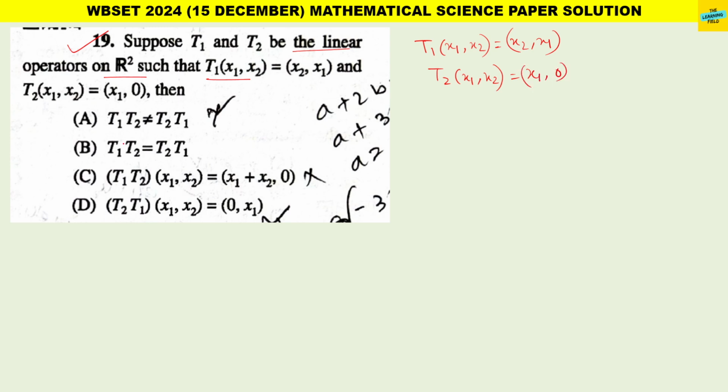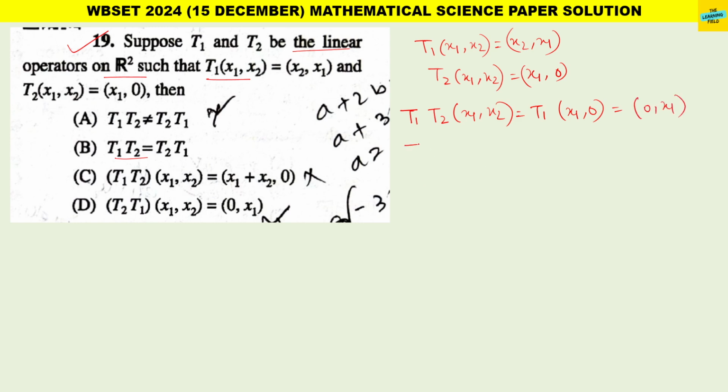Fine. Now we first check whether T1 T2 and T2 T1 are equal or not. T1 T2 of x1, x2 means T1 of x1 and 0, and this means just these two are swapped, so this is equal to 0 and x1.